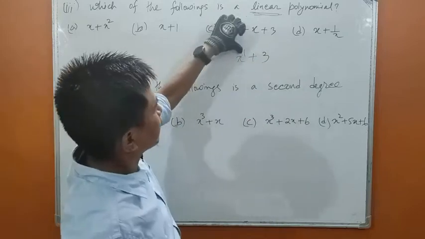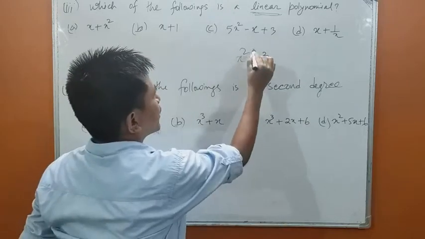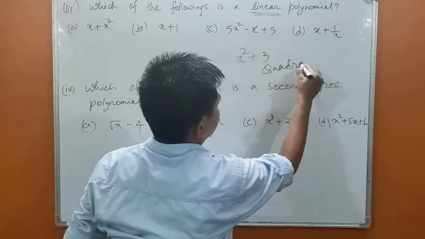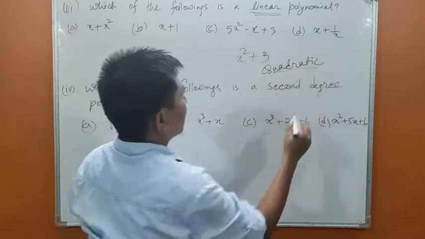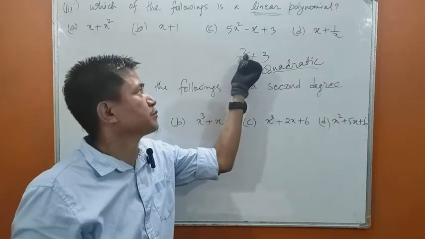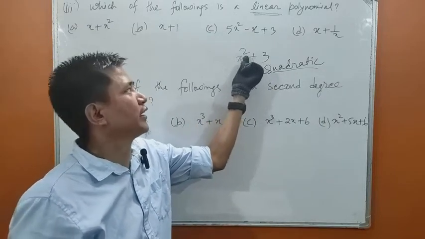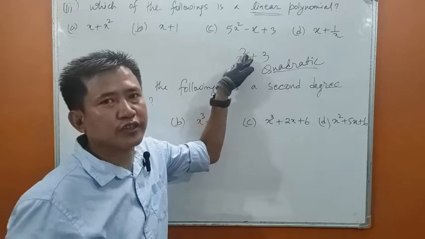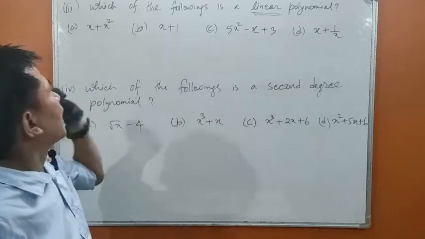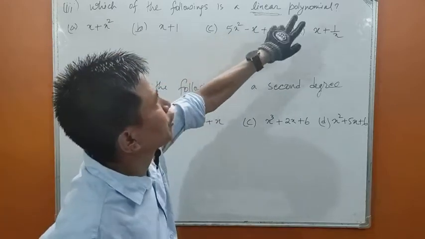If the power of this variable is 2, we call this quadratic. This is also called a second degree polynomial because the highest power of x is 2. If the highest power of x is 3, it is a third degree polynomial. Similarly it goes.